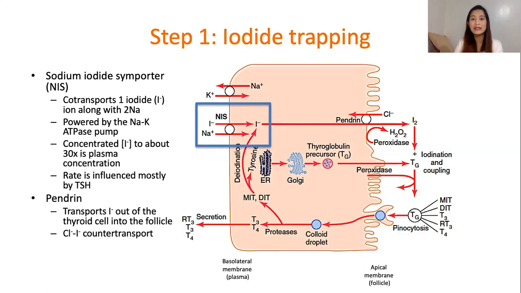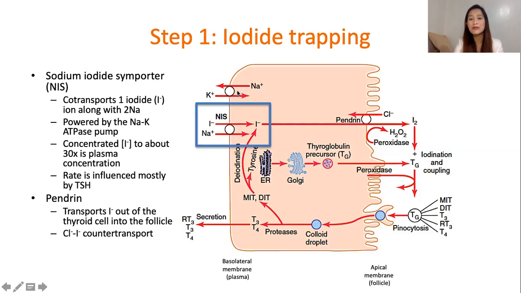Your thyroid gland is very efficient in trapping iodine, and it does that by the sodium iodide symporter, or your NIS. The sodium iodide symporter co-transports one iodide ion along with two sodium ions. So it's a co-transport, or a symporter, going the same way inside. This symporter is powered by your sodium potassium ATPase pump.